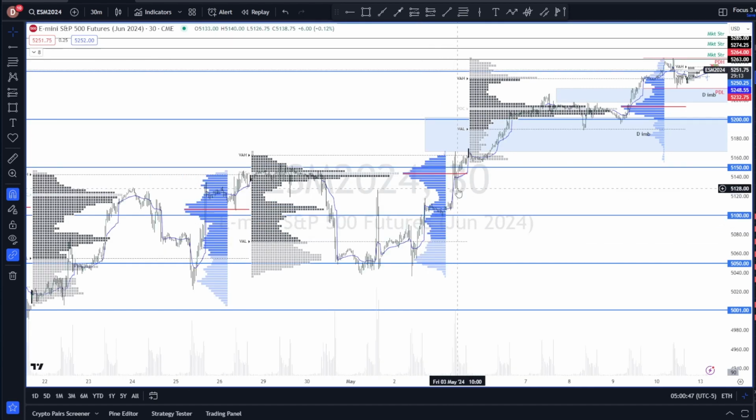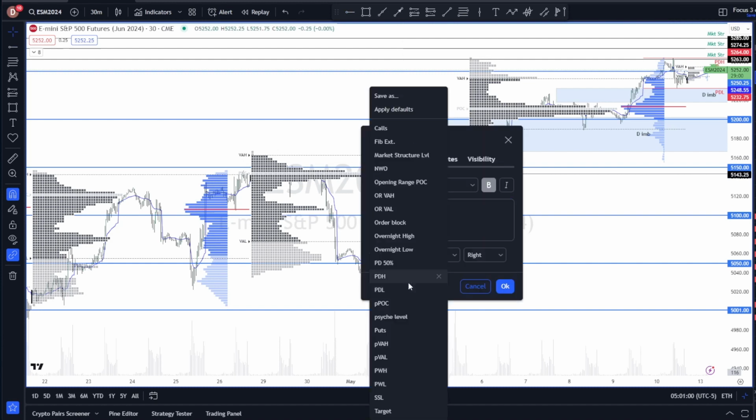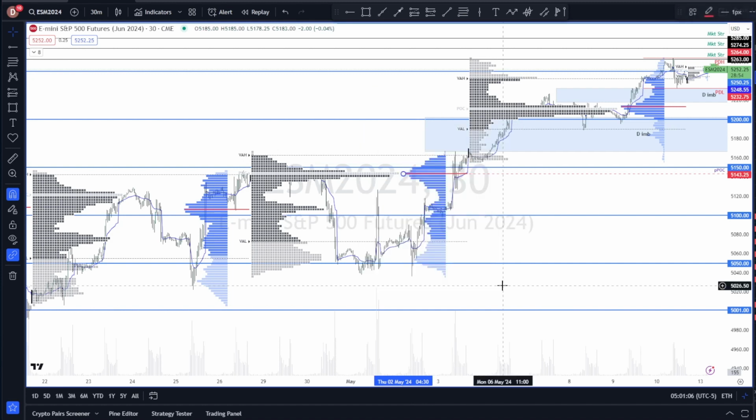I just like to mark off the major levels going into the week, especially to the downside, the open untested ones. Right here, POC, I want to know that level from last week. Prior POC, where are we at? Right there.